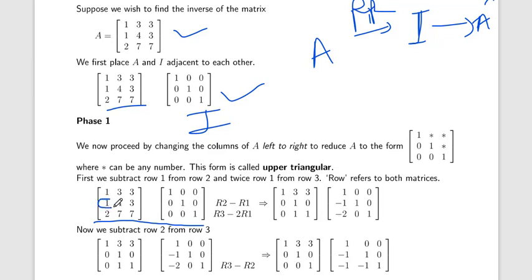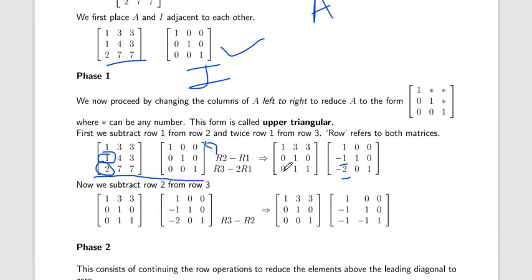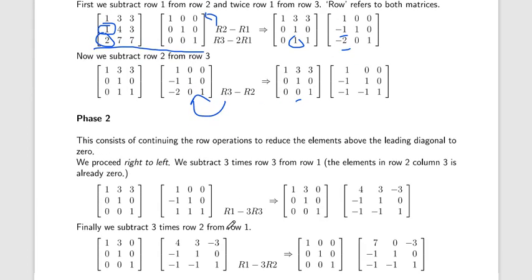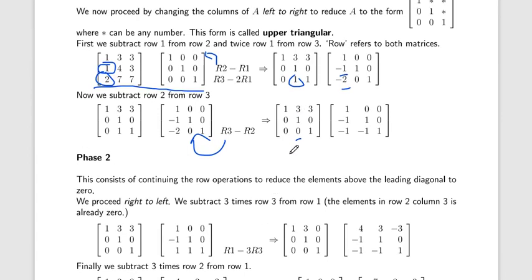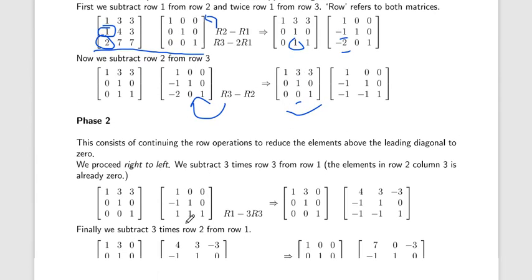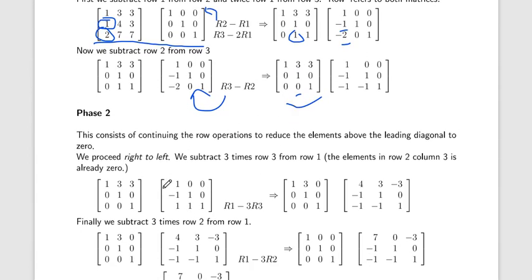Now we have to make this a 0, and the same operation we also have to apply to the identity matrix.